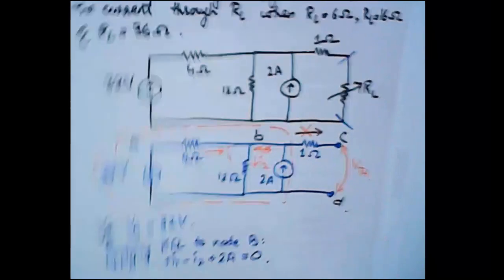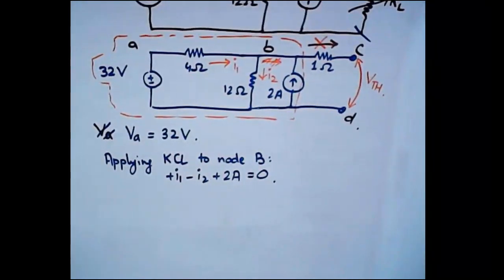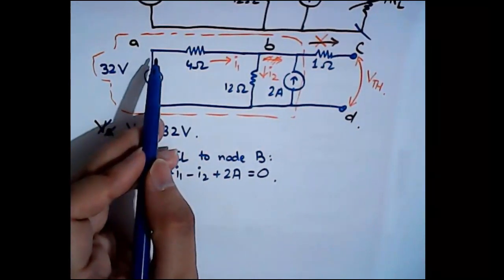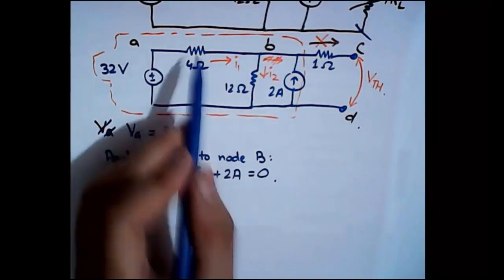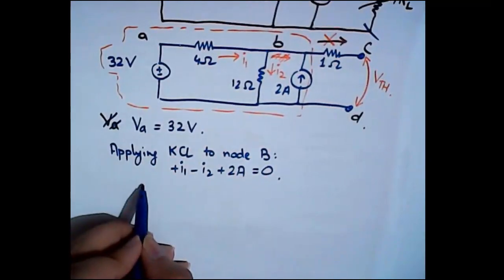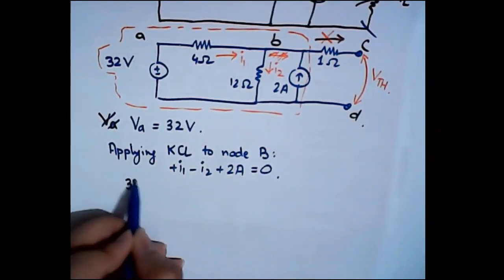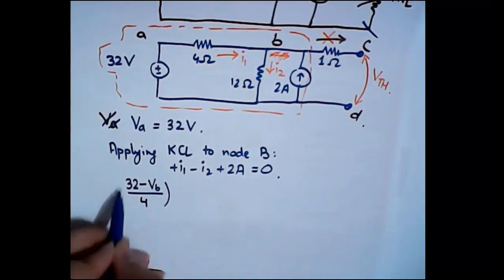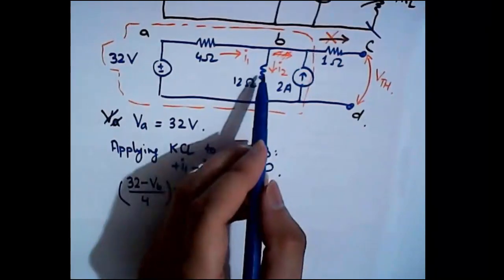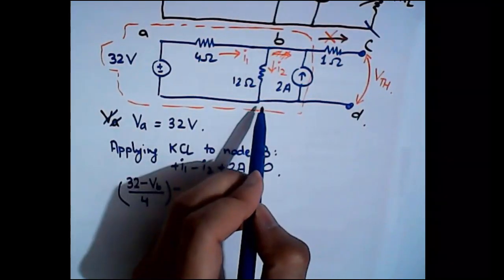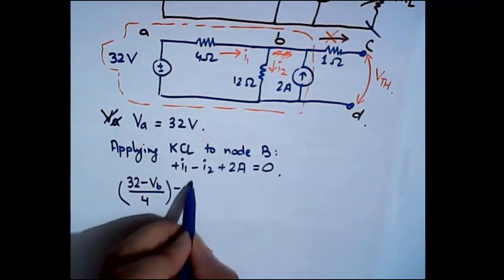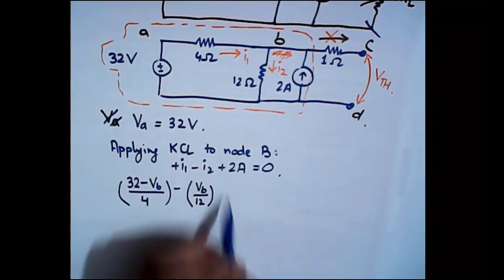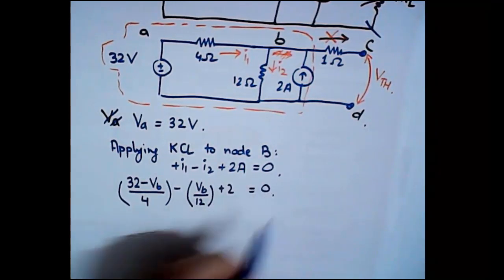And then we also have a 2 ampere current entering the node, so that will be taken as positive, equals to 0. When we convert this I1 current in terms of voltages, here we can see that it is leaving node A. So VA minus VB divided by 4, or in other words you can say that it will be 32 minus VB divided by 4, right? Minus I2 will be what? VB minus 0, that is VD, divided by 12. So it will be VB divided by 12, plus 2 is equal to 0, right?